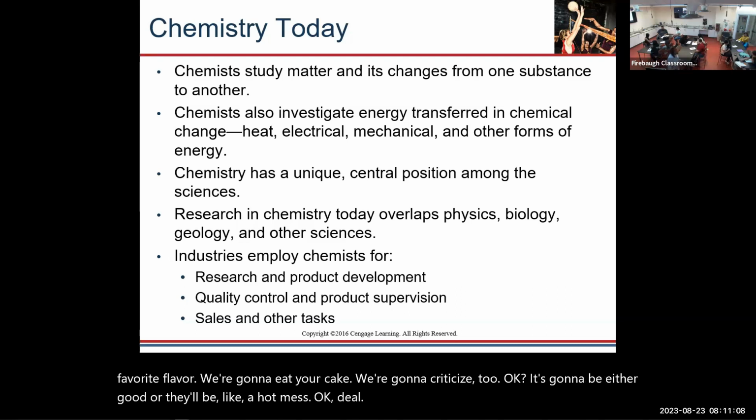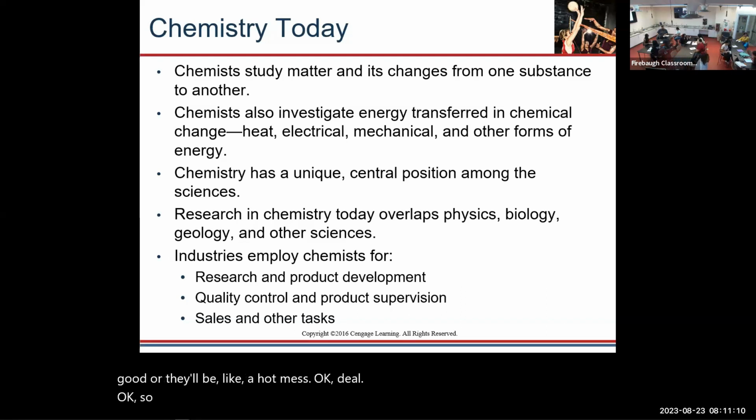Okay. So, I'm going to use the board a little bit. You'll see me running across here, pressing buttons. If you've ever cooked a cake, what are the ingredients? Eggs.